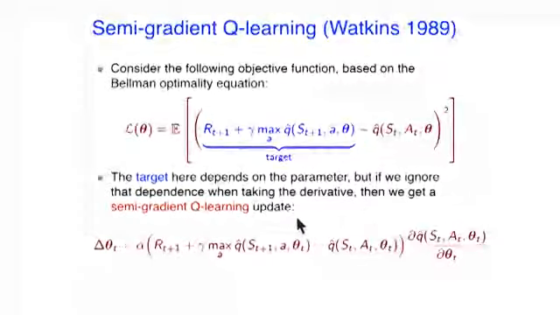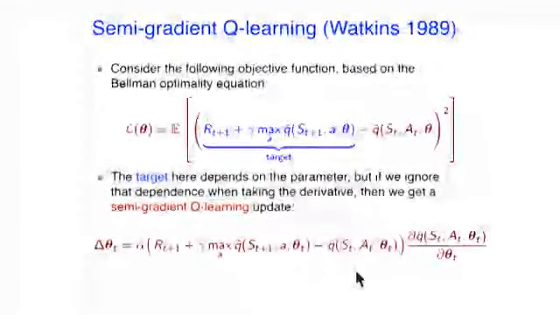So we ignore that, and we get our update. So our update, in some sense, it looks like Q-learning. We're going to change now not a table entry, but we're going to change the whole parameter vector on each time step. Okay, so the change in theta at each time step is going to be step size times an error. And this error is very much like the Q-learning error. We've just substituted the array, capital Q, with the estimated function approximation, Q hat.